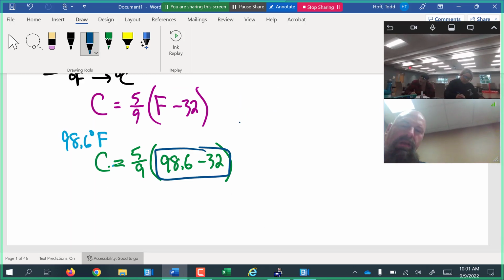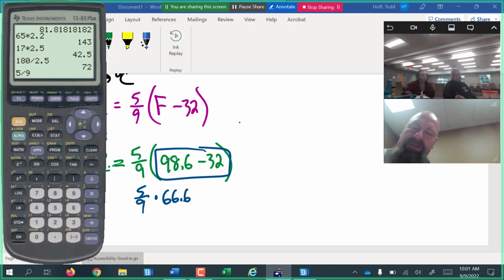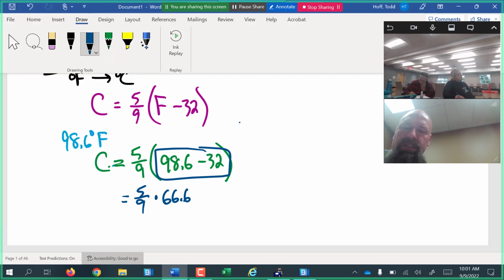We have to do what's in the parentheses first. 98.6 minus 32 is 66.6. Then we multiply by 5/9. If you have a fraction calculator, you can enter it, or you can just do 5 divided by 9. Multiplied by 66.6 gives us 37 degrees. So that Celsius temperature is just 37 degrees Celsius.